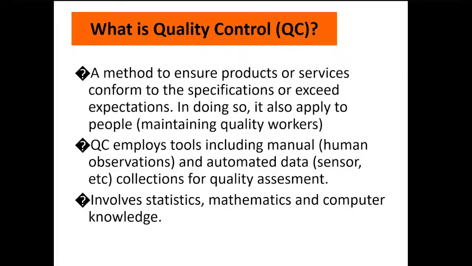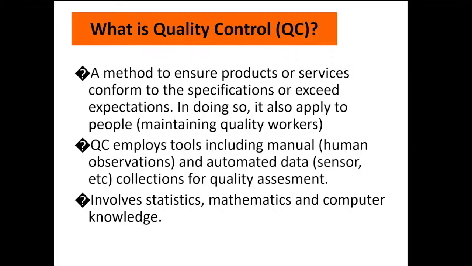So what is quality control? Again, we have to ask ourselves, what is quality control? Basically, it measures whether products or services conform to the specification or exceed the expectations.